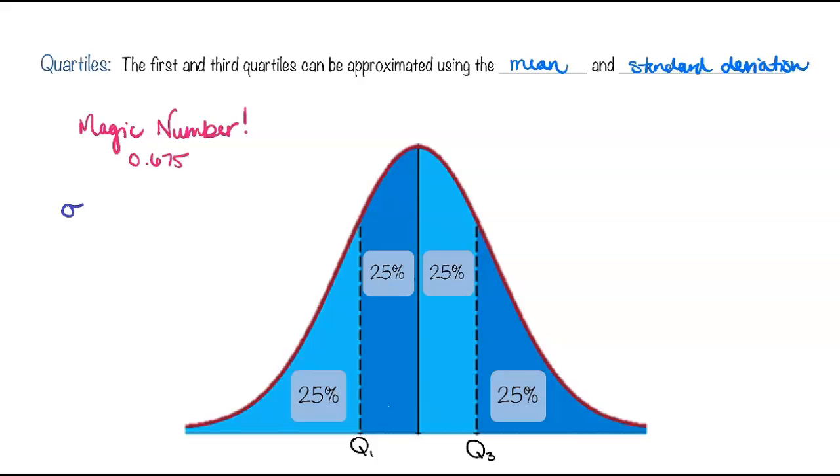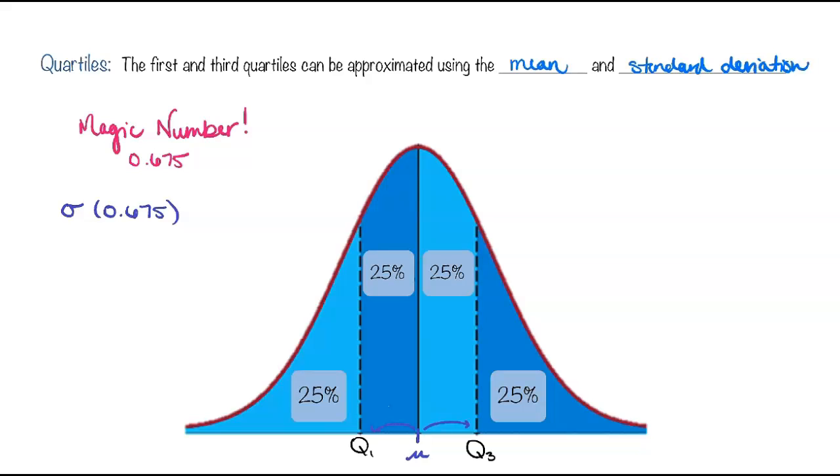If we take the standard deviation and multiply it by 0.675, that's how far from the mean the first and third quartiles are approximately located. In other words, if we know the mean, we can add the standard deviation times 0.675 and find an approximation for the third quartile. We can also take the mean and subtract the standard deviation times 0.675 to find an approximate location for the first quartile.